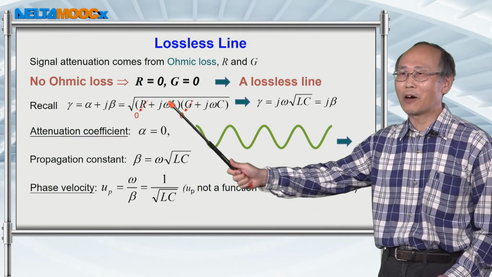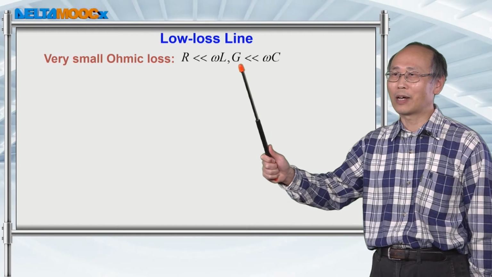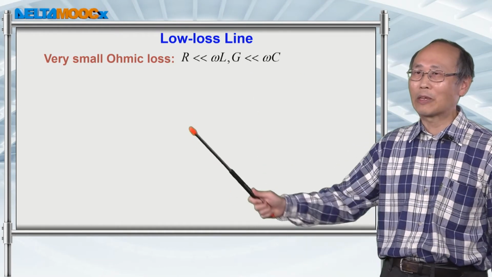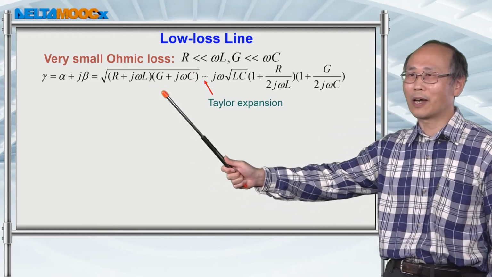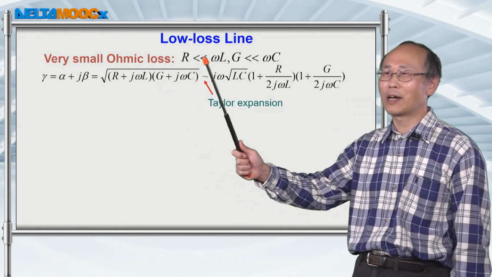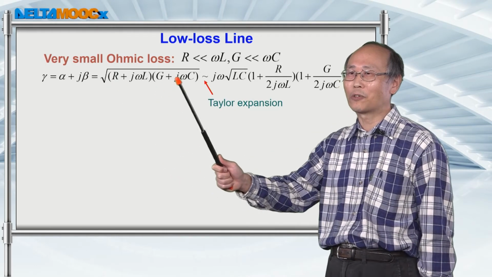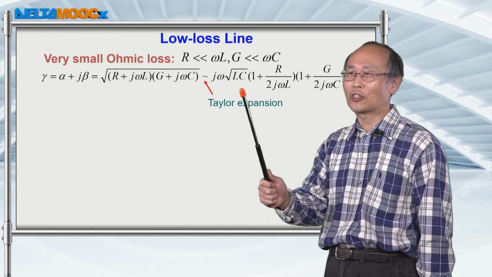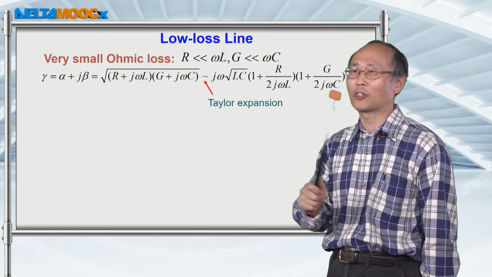But if you allow this line to have small resistance or conductance, then there will be a little bit of ohmic loss. So let's do this small loss approximation in this gamma value and just retain the first order term in this Taylor expansion expression.